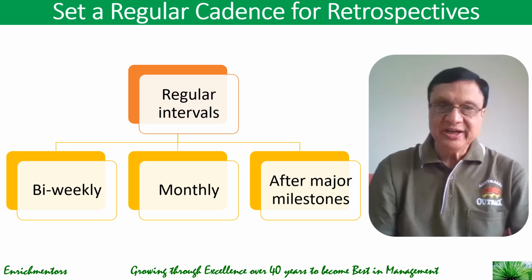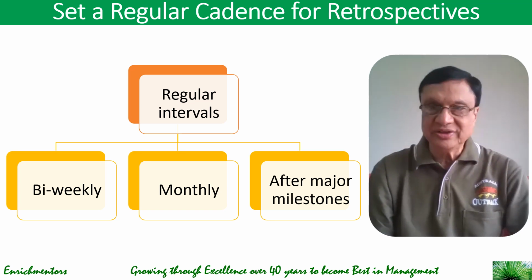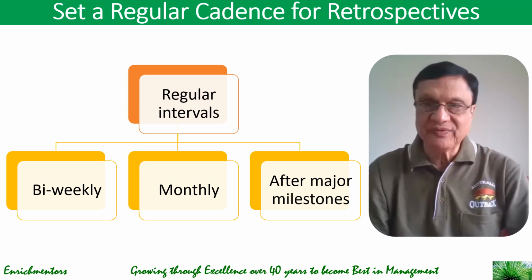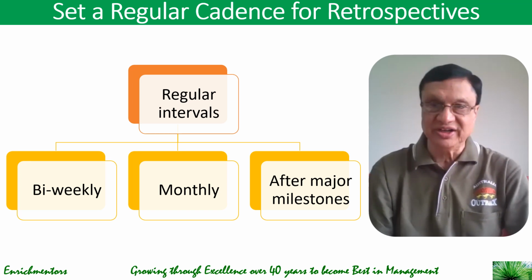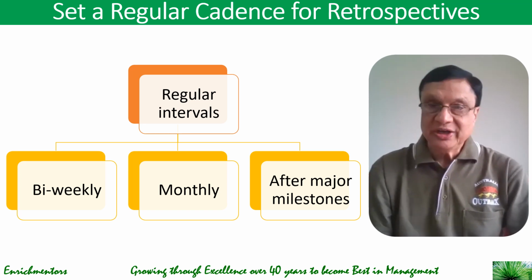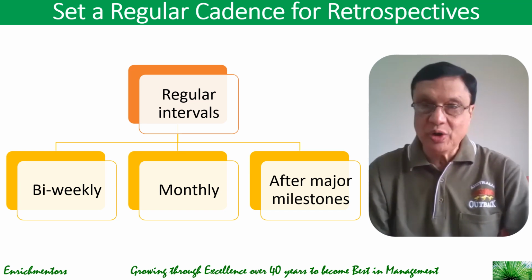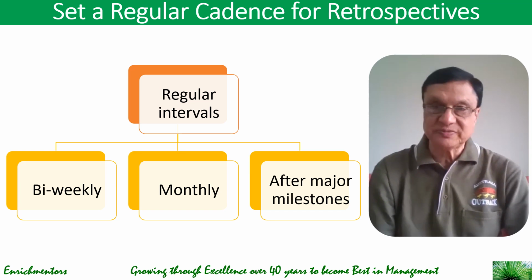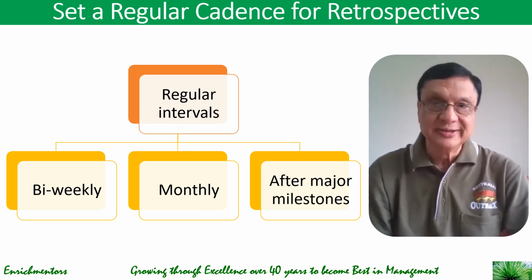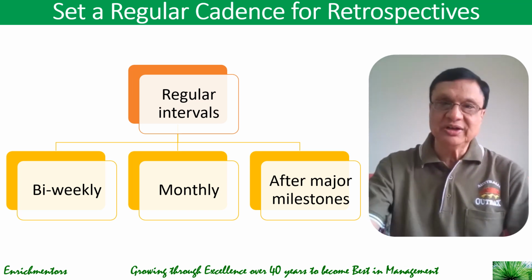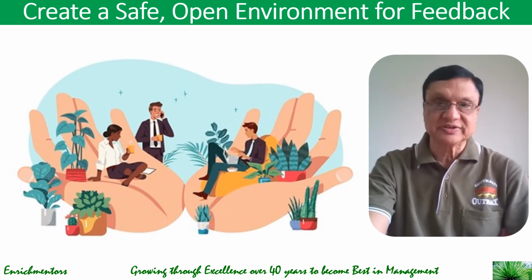With these regular intervals, you can create a habit of reflection and iteration. That is most important: reflect and iterate. Ensure all relevant stakeholders participate. For example, after completing a recruitment cycle or an HR project, gather the team for a retrospective to review what worked, what did not, and what could be improved. Like this, you set up a regular cadence for retrospectives.